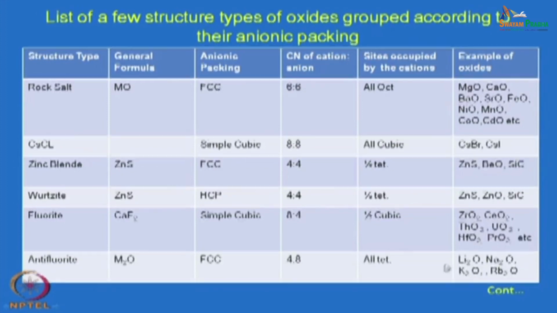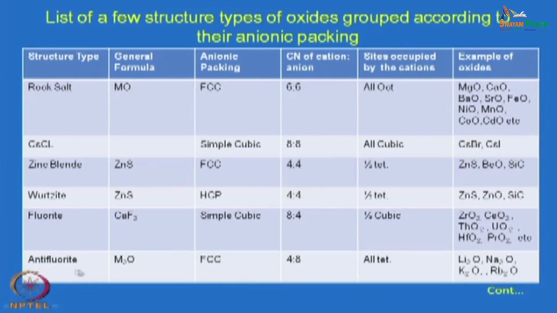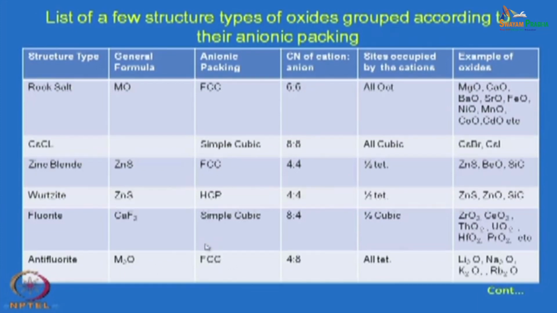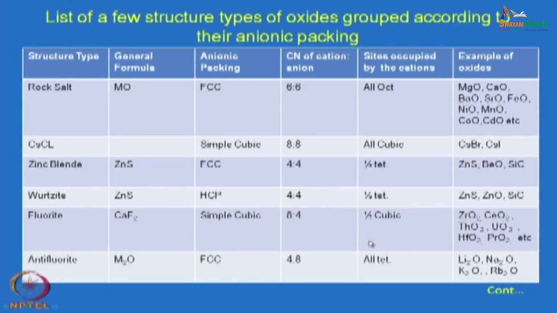All these have the so-called antifluorite structure, and this is not simple cubic, this is FCC, cubic close packed, and this is just the reverse of fluorite. Here the cation has a 4-fold coordination, whereas the anion has an 8-fold coordination, and all tetrahedral sites are filled up, which is quite obvious.